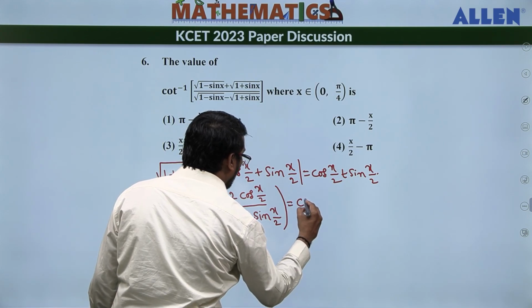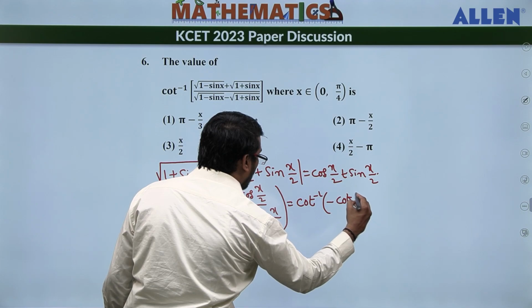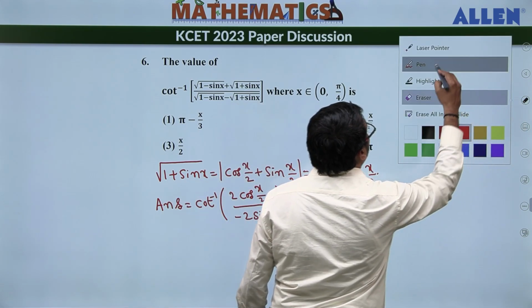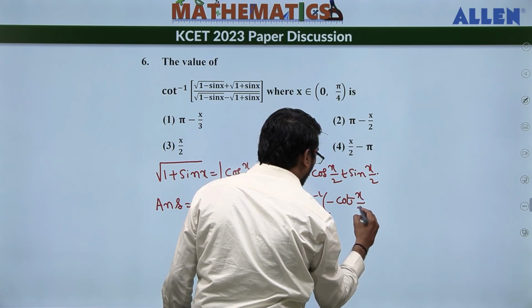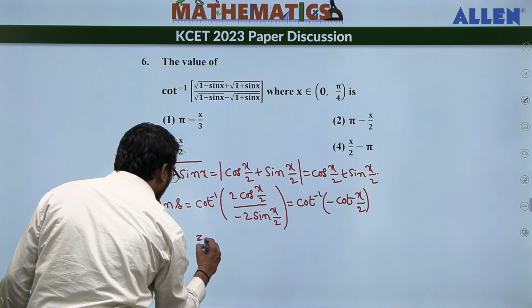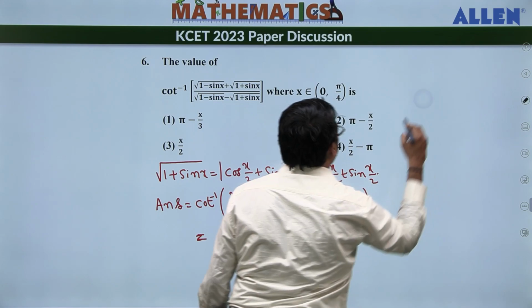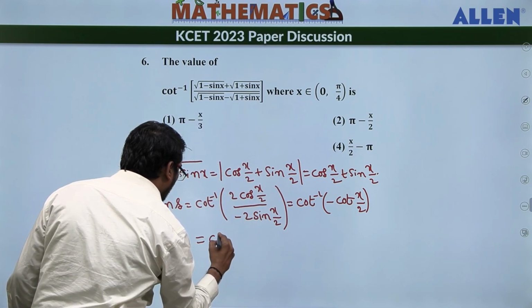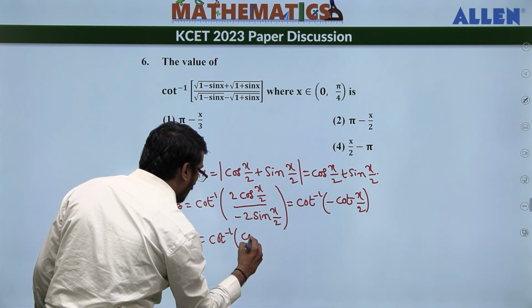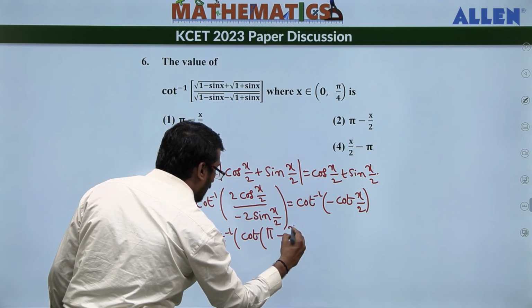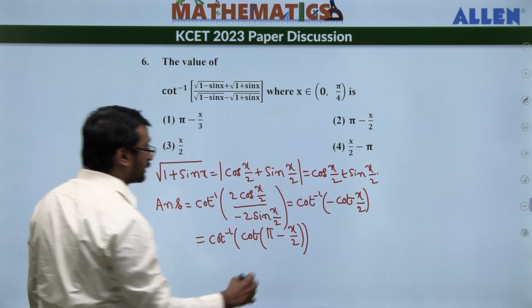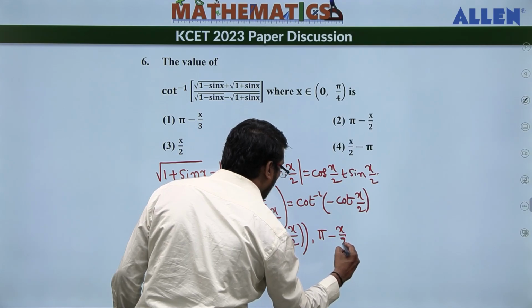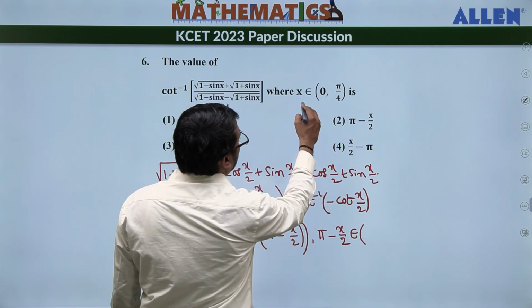So, cot inverse of minus cot x by 2. This can be written as cot inverse of cot of pi minus x by 2, where pi minus x by 2 belongs to, this is x.